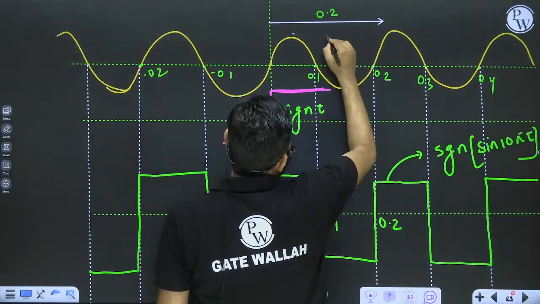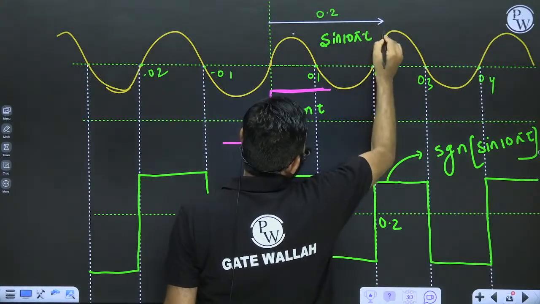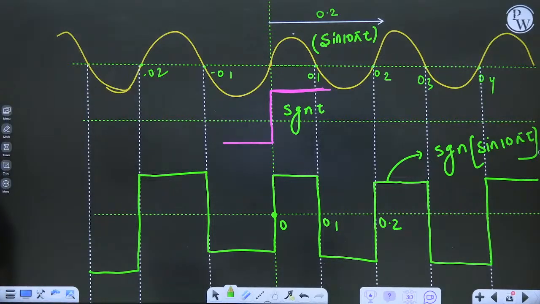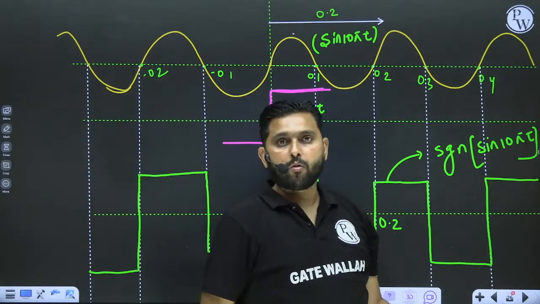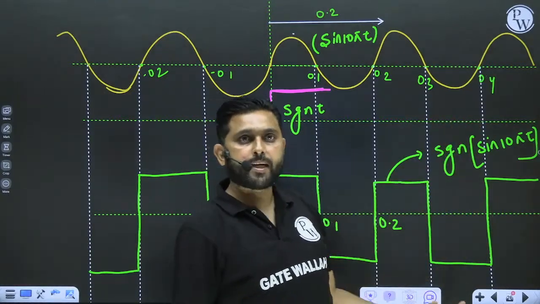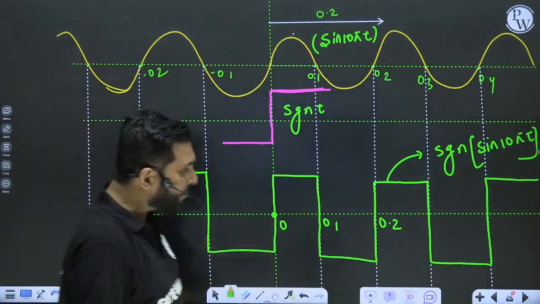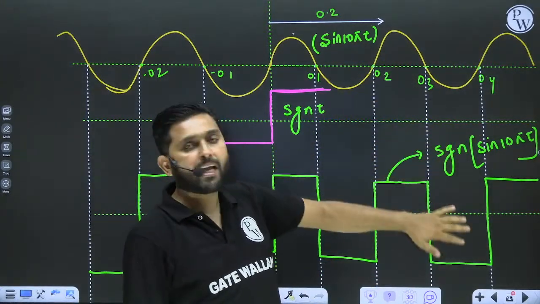And that is sine 10 pi t. So don't you think that a sine function gets converted into a step function? So it is behaving like what? It is behaving like a comparator.